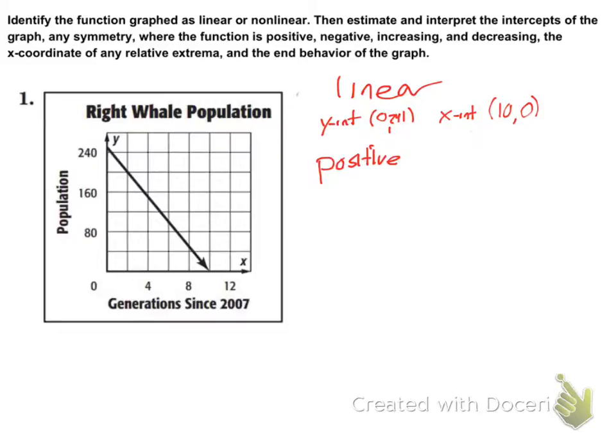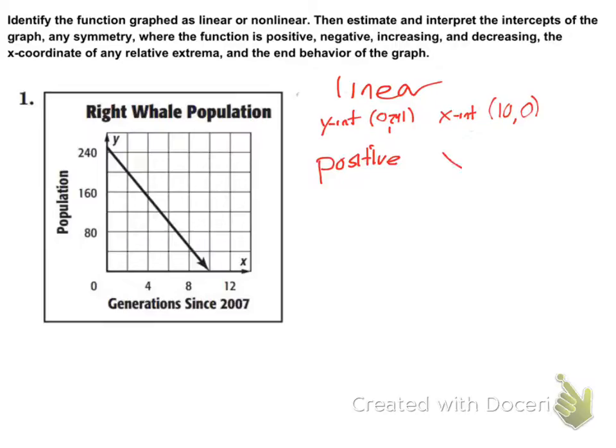So where would the graph be positive? At 10, 0. At 10, 0, it actually is the changeover spot. You guys agree that right here, if something's going to happen, it's going to change. It goes from being positive to negative.